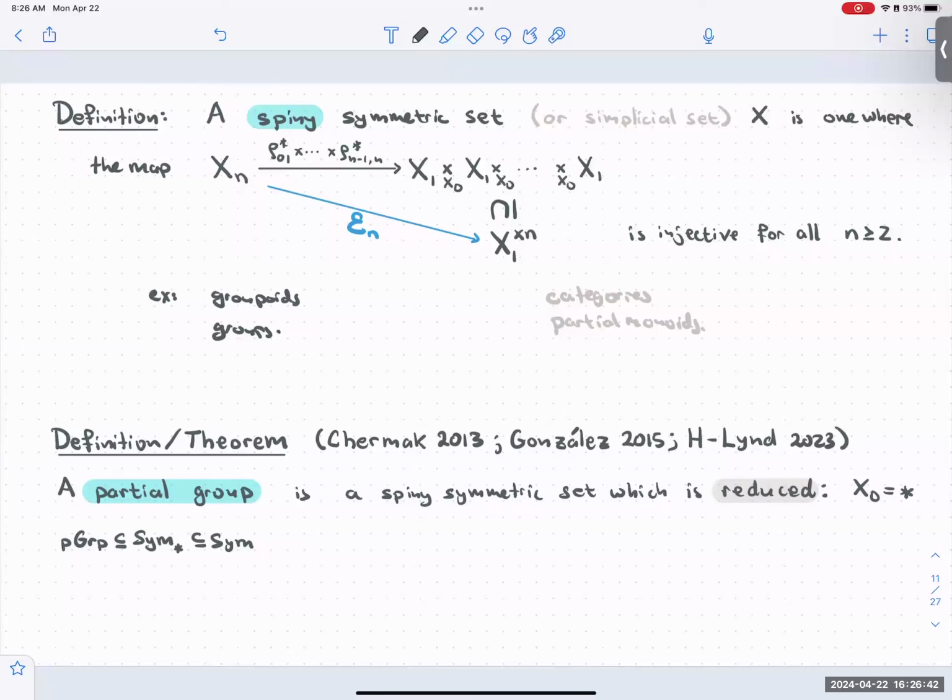And allow me to also write a partial groupoid is a spiny symmetric set. I'm going to treat these as synonyms.